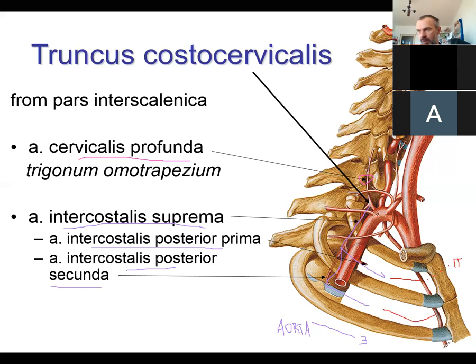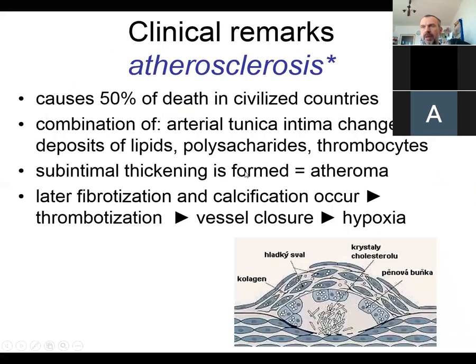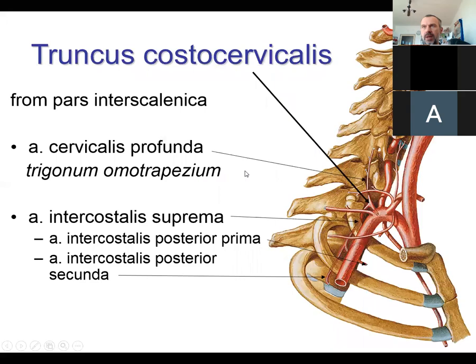So here we have the connections within the intercostal spaces. So this is not much clinically relevant. It's hidden by the muscles, and you just should know the name of the arteries and what they supply shortly. And that's it for today.